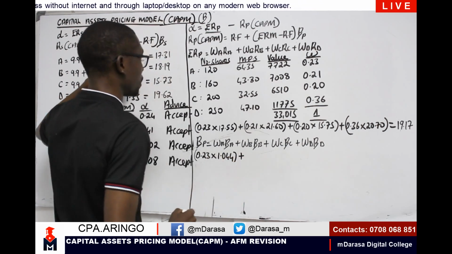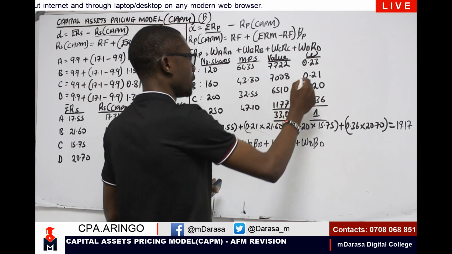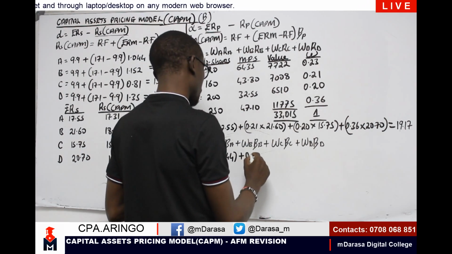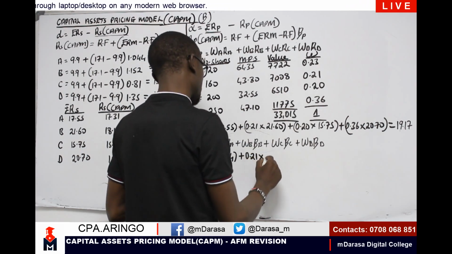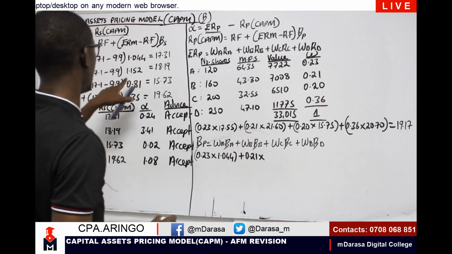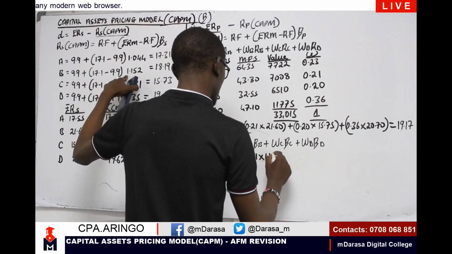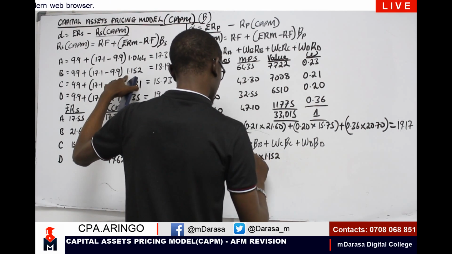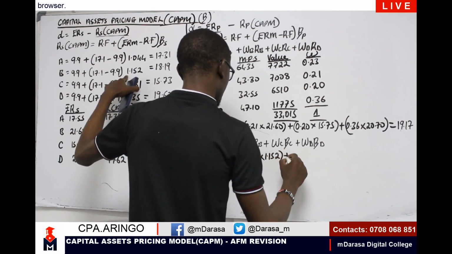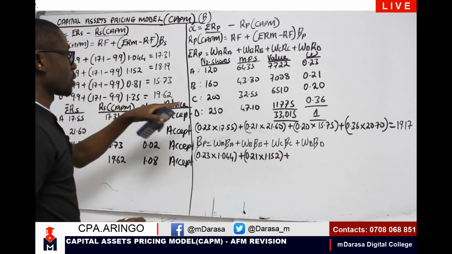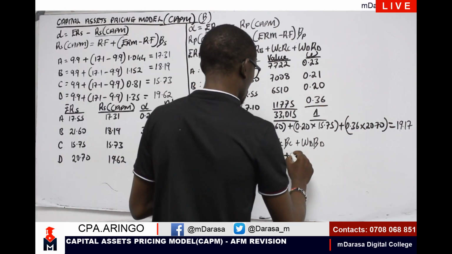We add weight of B, 0.21, times beta of B, 1.152, correct. We add weight of C, which is 0.20.